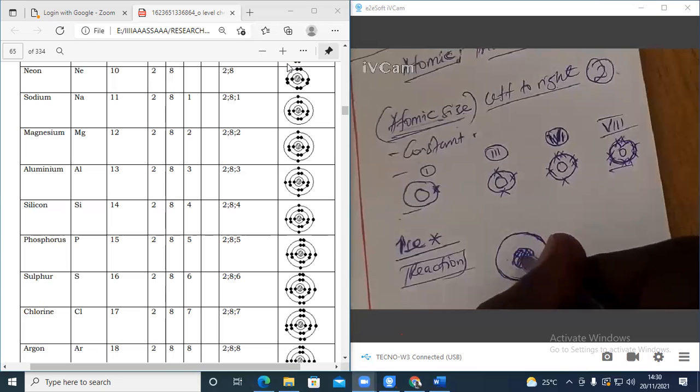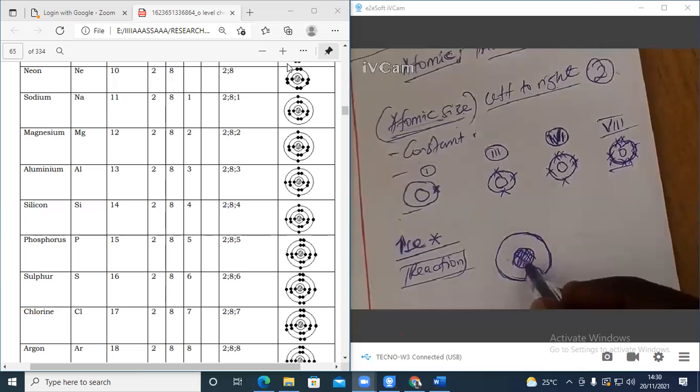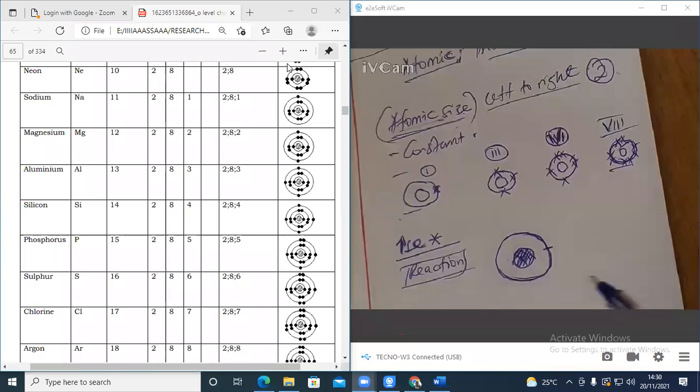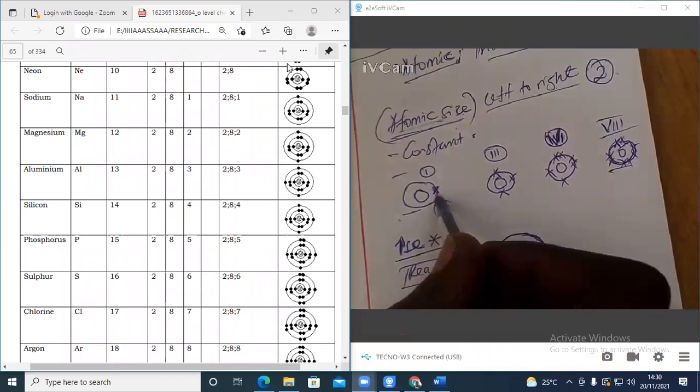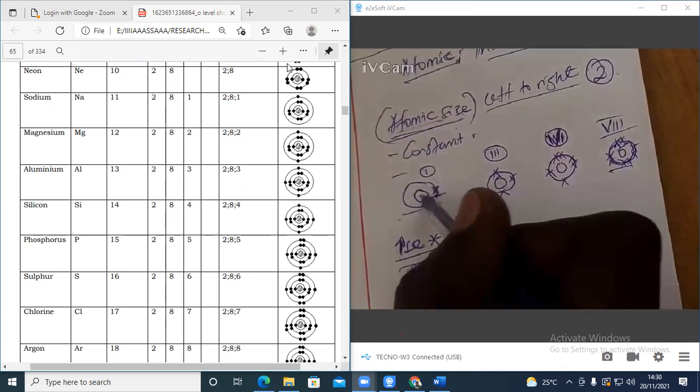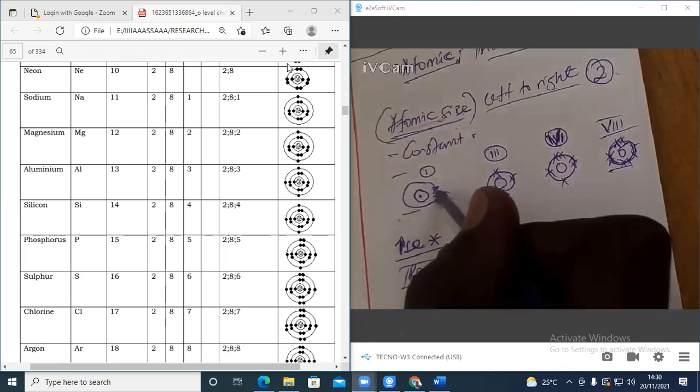So the nuclear force of attraction between the nucleus and the last electrons gives us the atomic size of that element. Now imagine there is only one electron on the shell. It is only one electron pulling, so the force of attraction between the nucleus and that last shell will be relaxed a little.